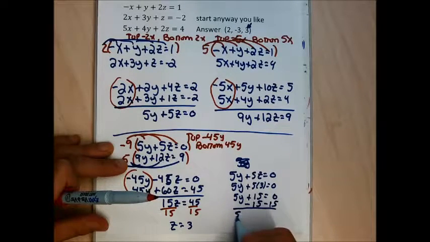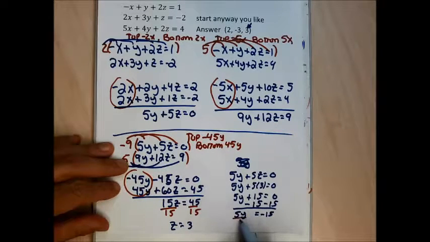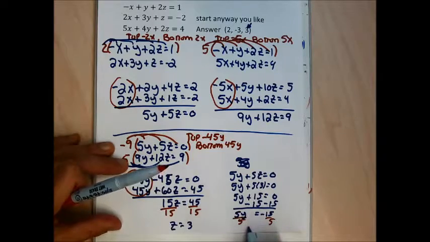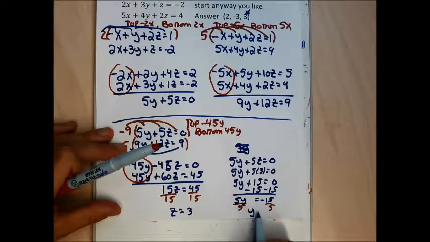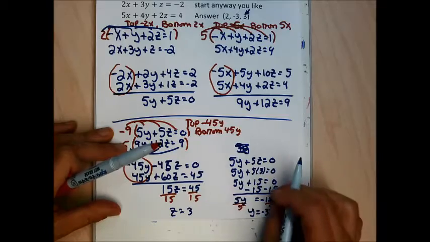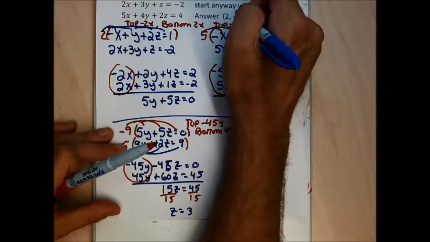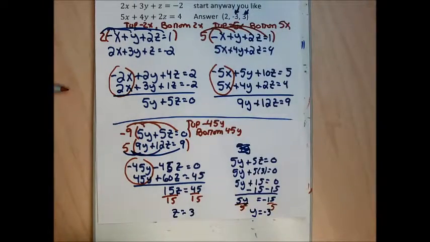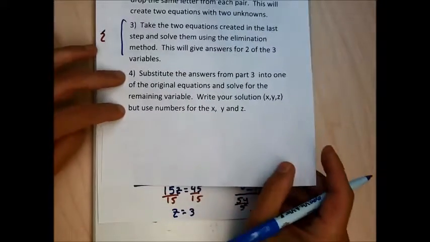That will give me 5y equals negative 15, and then divide by 5, divide by 5. That will give me y equal to negative 3, because negative 15 over 5 is negative 3. That's that part of the answer. Done with step 2, on to step 3.